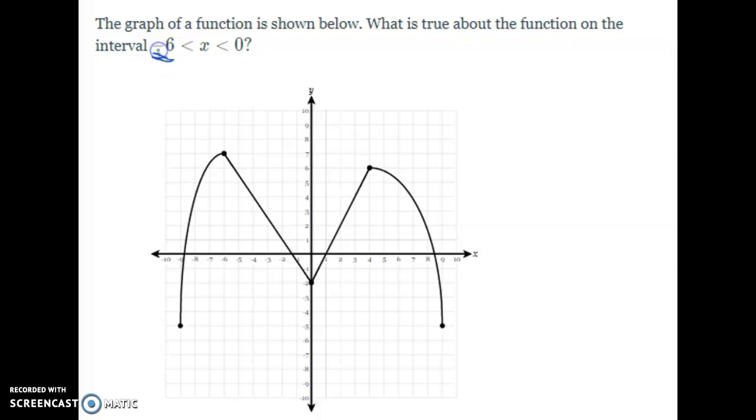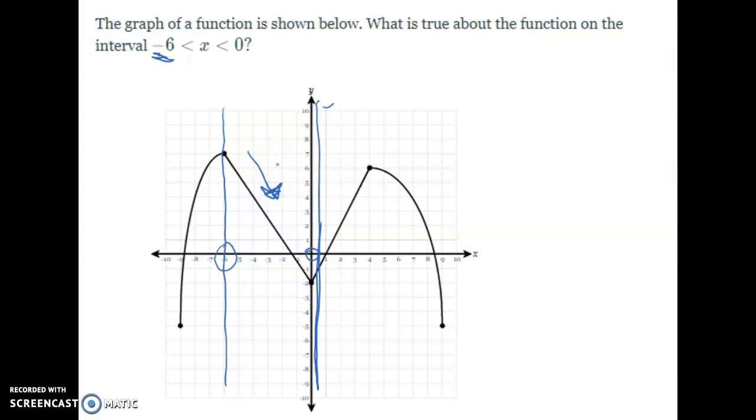So we find -6. We find 0. And we look at the section of the function or the section of the line that is between those 2 points. So where am I looking? I'm looking at the section from here to here. And what's happening with that? I see that the line is going down.